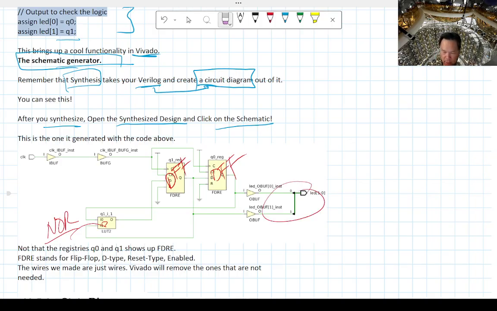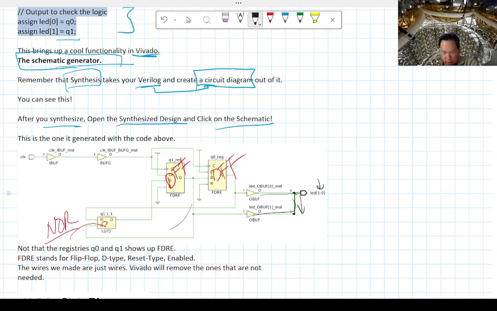One of the things I would point out is to notice that it looks like both of these outputs went to the same LED. It's not. This is a vector of LED from 1 to 0, so it's actually two LEDs that I mapped to. I think you can click on this to expand it if you want to see individually which LED goes to which.